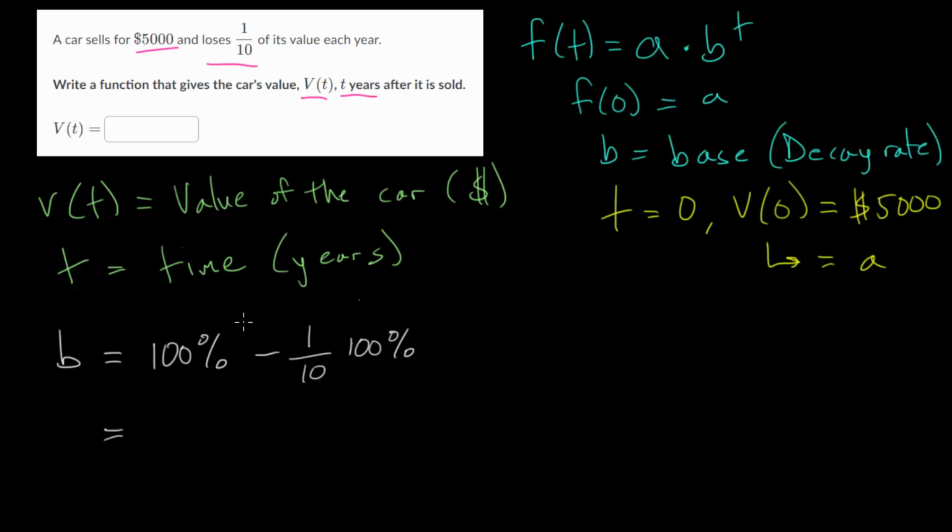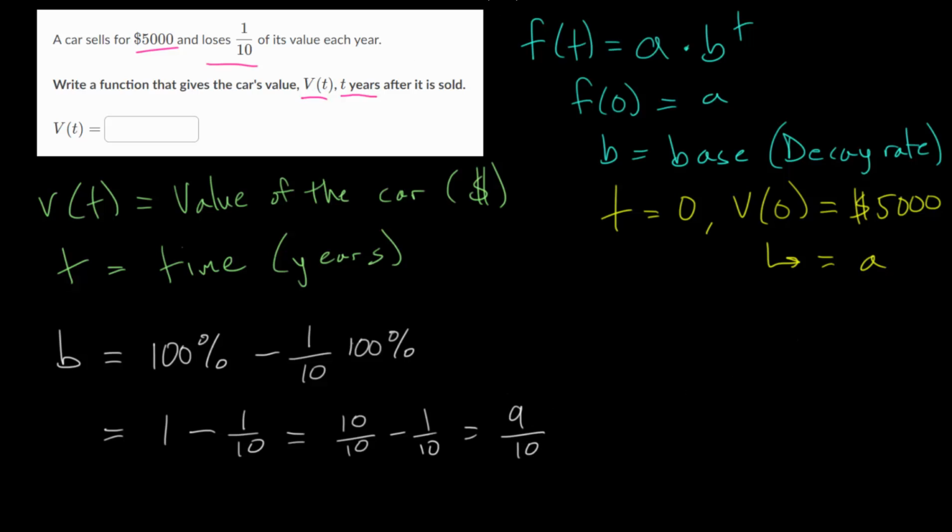Now this overcomplicates it a little bit. You could also just write the value of the car as 1 and then subtracting 1/10 from that. And you can see that these are equivalent, since 100% is just equal to 1. Now, subtracting fractions, we can rewrite 1 as 10 over 10, and then subtract the numerators, we get 9 over 10. So in other words, from year to year, the car's value is going to be multiplied by 9/10.